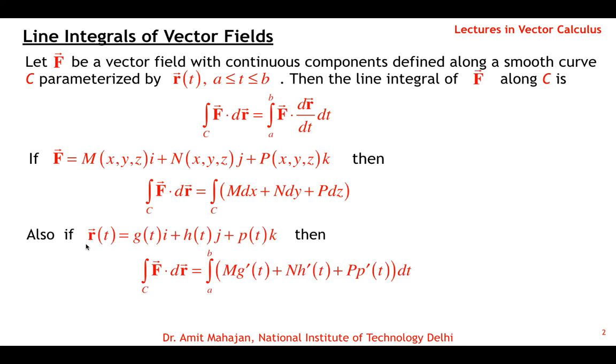So if r is parameterized as this, x, y, z are functions of t, so say x is g(t), y is h(t), and z is p(t), then dx will be g'(t) dt, dy will be h'(t) dt, and dz will be p'(t) dt. So it immediately converts into M g' plus N h' plus P p' dt, where dash means derivative with respect to t, and integrating over t from a to b.